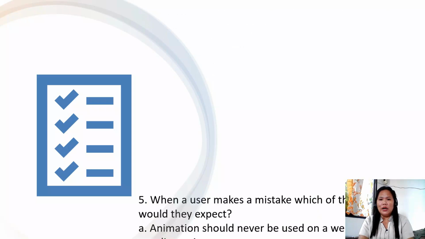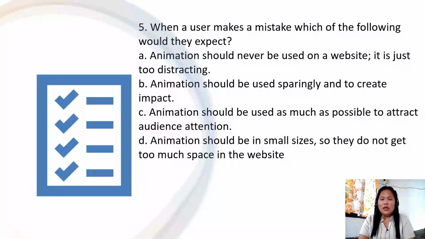Let's have number 5. Which of the following statements about animation is correct? A. Animation should never be used on a website. It is just too distracting. B. Animation should be used sparingly and to create impact. C. Animation should be used as much as possible to attract audience attention.